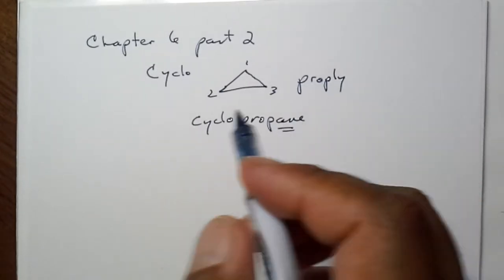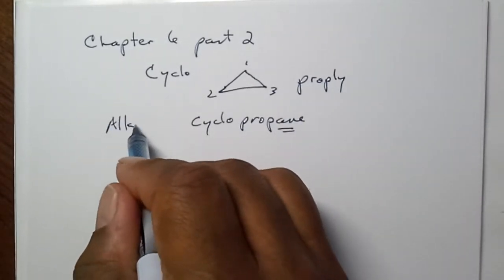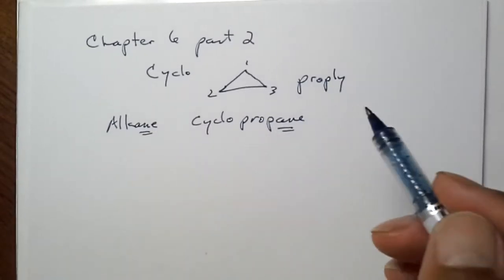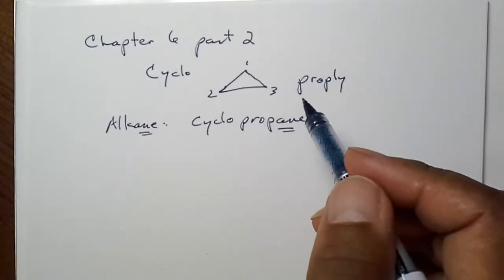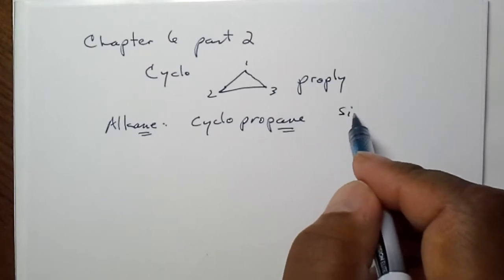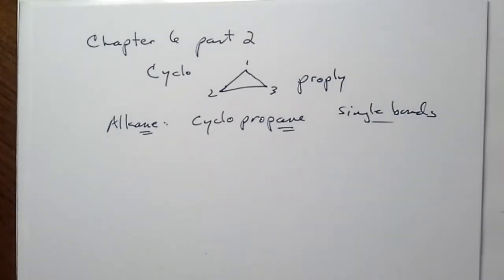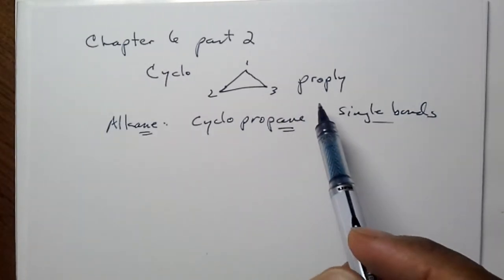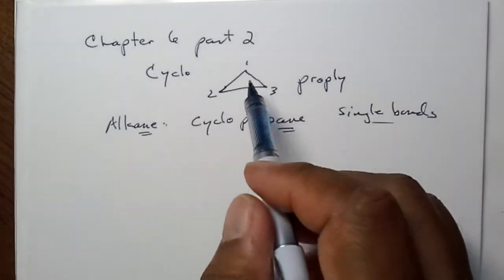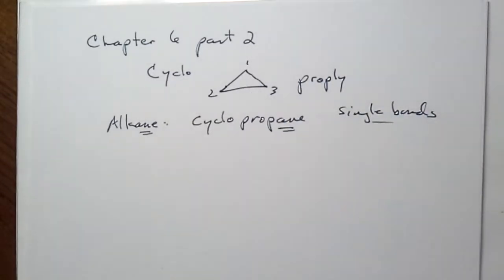Again, it's an alkane, just like the long chains. Single bonds only, saturated, and again, this is the smallest ring structure that you can form.